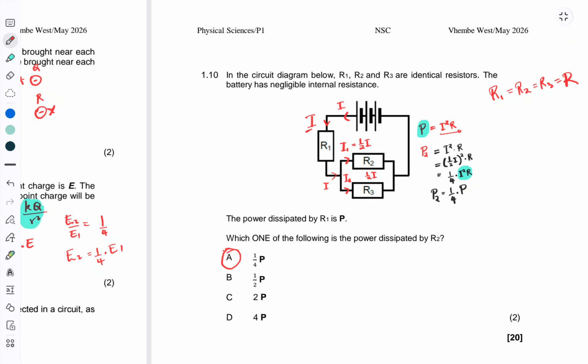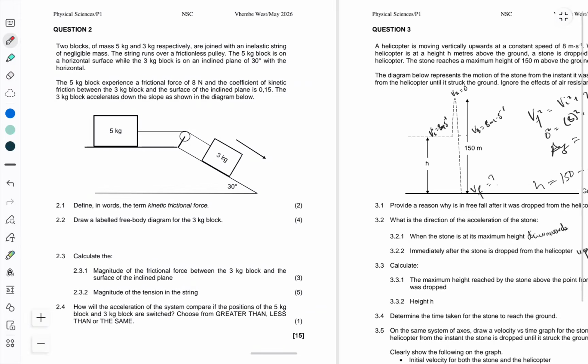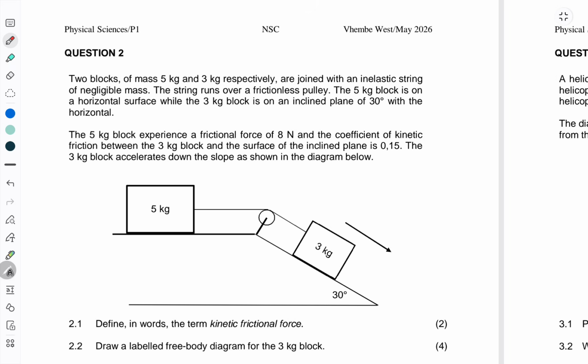all right, and then yes, let's continue to our question 2. All right, so question 2, we are told that 2 blocks of mass 5 kilograms and 3 kilograms respectively, we can see them here, the masses are labeled in the diagram as well.